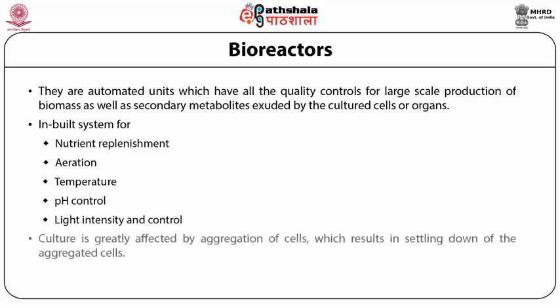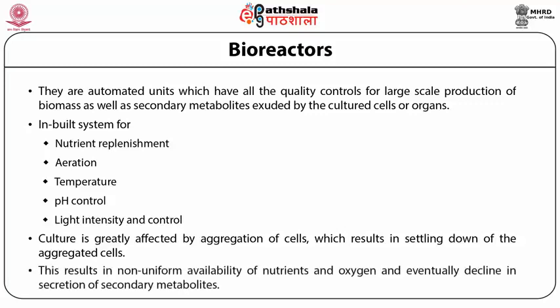And as we know, the culture is greatly affected by aggregation of cells, which eventually results in settling down of the aggregated cells, and this results in non-uniform availability of nutrients and oxygen, and eventually a decline in secretion of secondary metabolites. There are many bioreactors available.